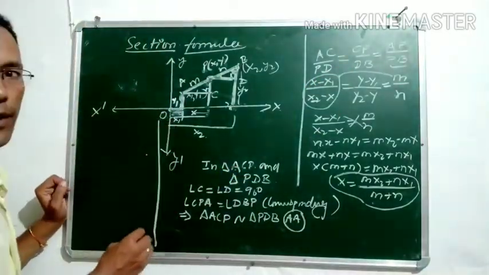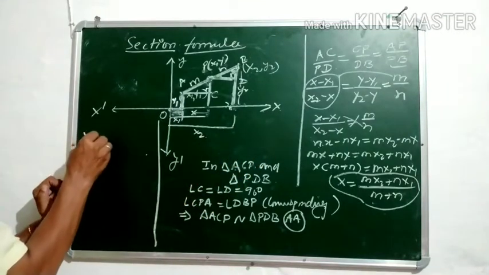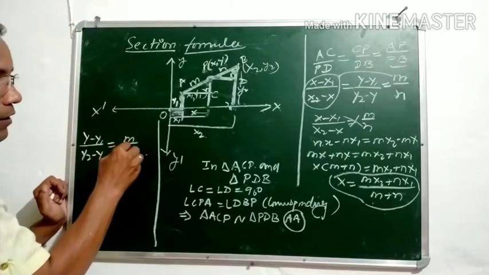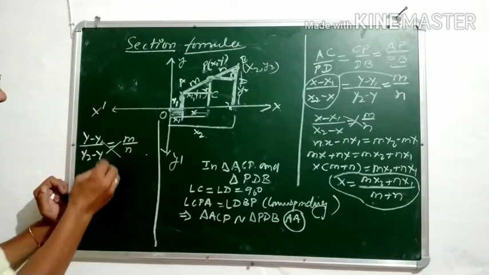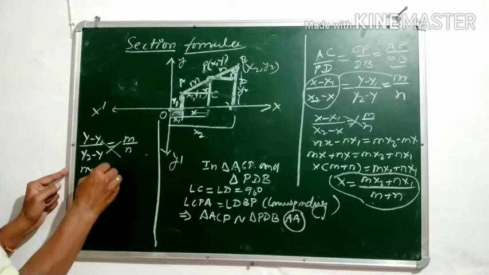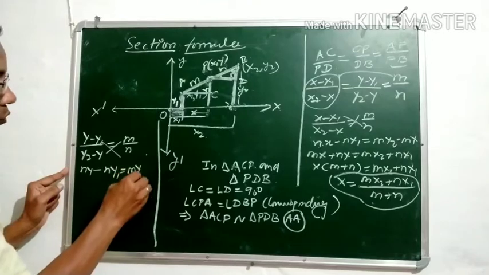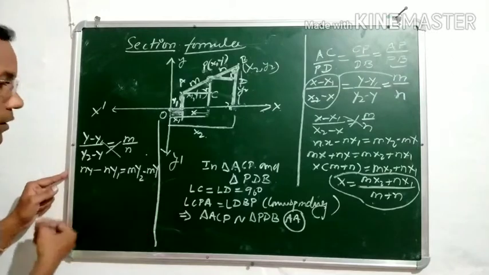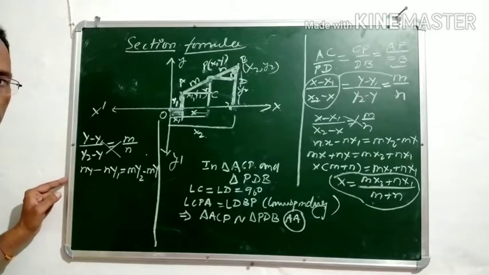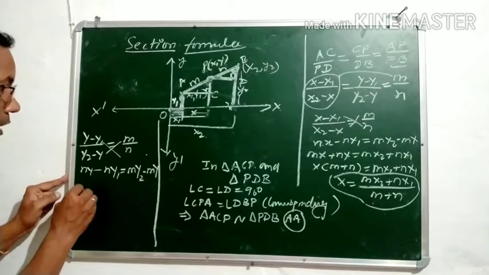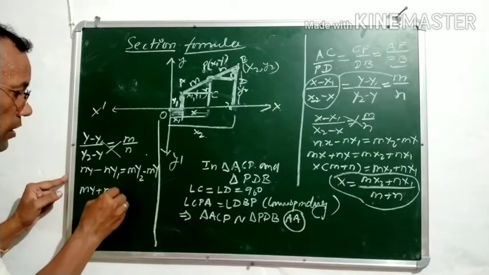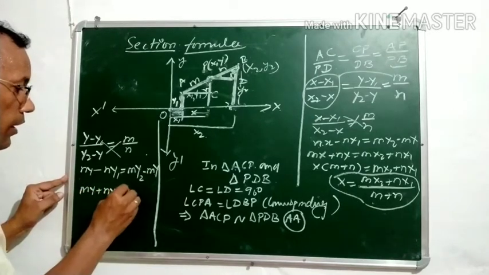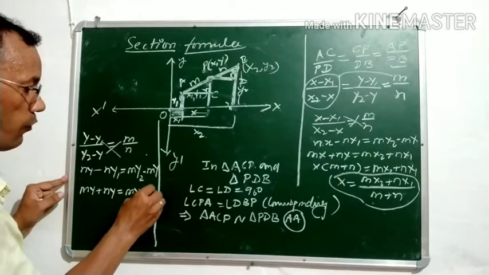The same we can sort out for y. Here y minus y1 upon y2 minus y is equal to m upon n. Cross multiplying, ny minus ny1 is equal to my2 minus my. Again, the terms common go on the left hand side and the rest on the right: my plus ny is equal to my2 plus ny1.